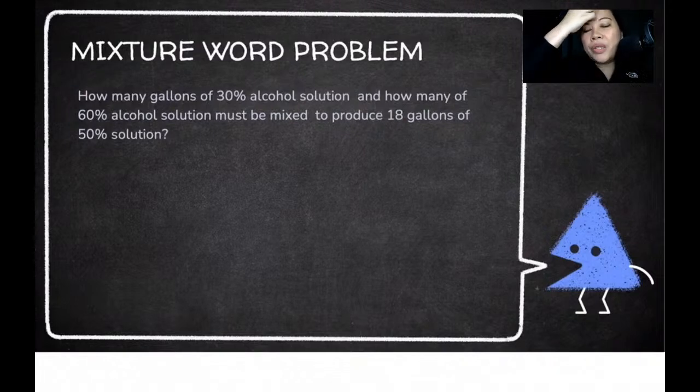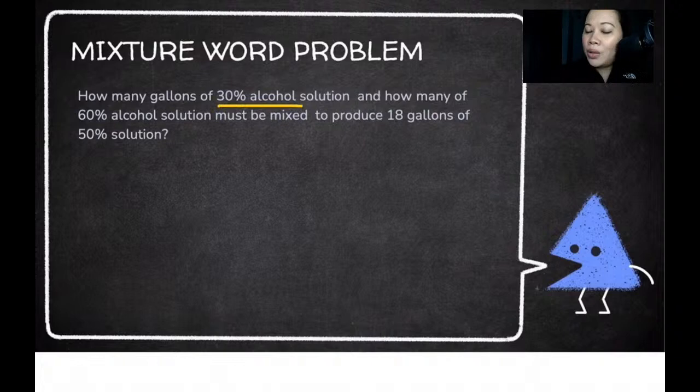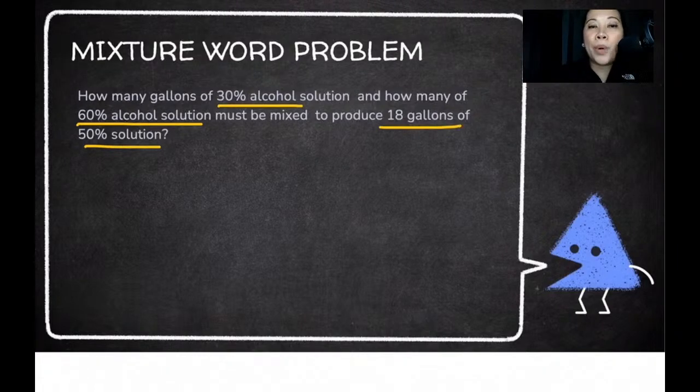So when we talked about mixture, that means there are more than one, right? So this is also part of the simultaneous equations word problem. If you notice here, how many gallons of 30% alcohol solution and how many 60% alcohol do you mix to produce 18 gallons of 50%?